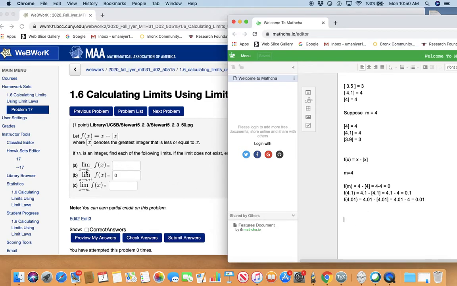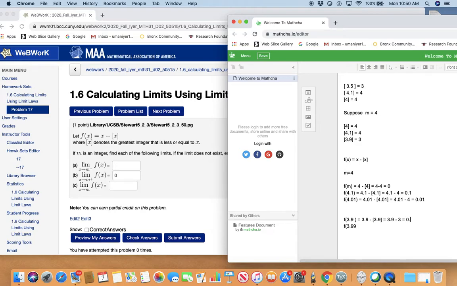What about from the left? f of 3.9 is 3.9 minus box 3.9. Well, 3.9 minus 3, since box of 3.9 is 3. f of 3.9, oh, by the way, I didn't complete it, right?